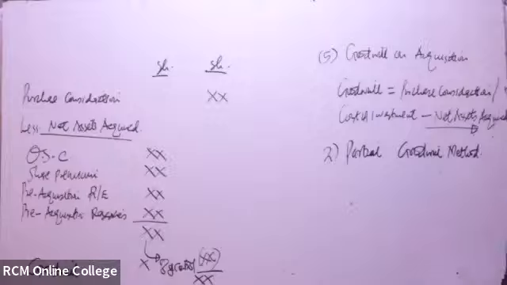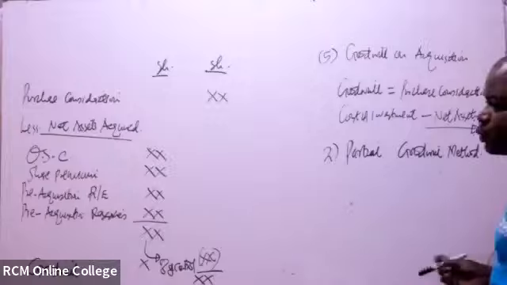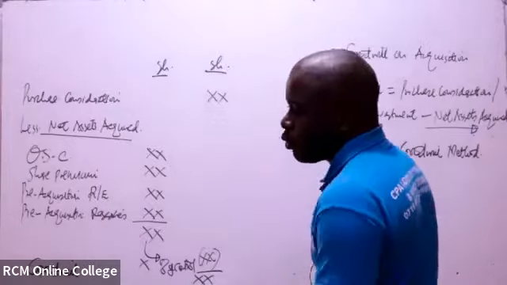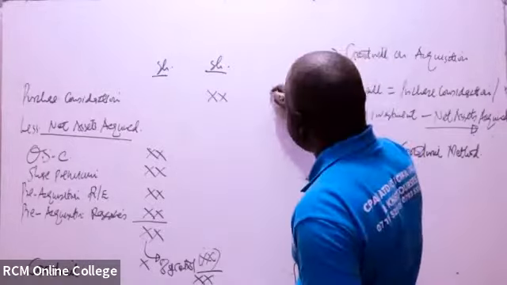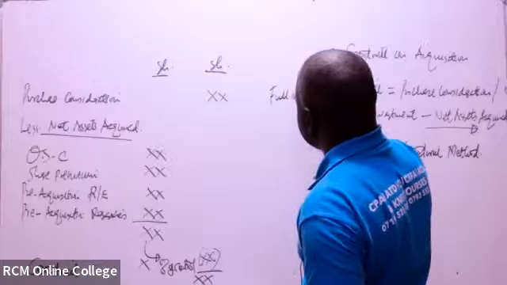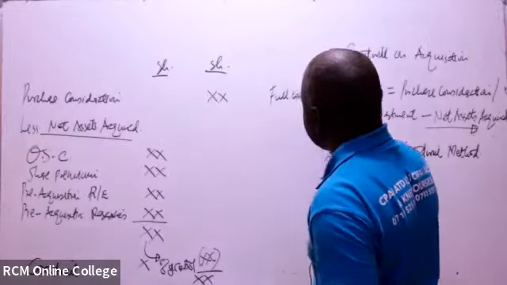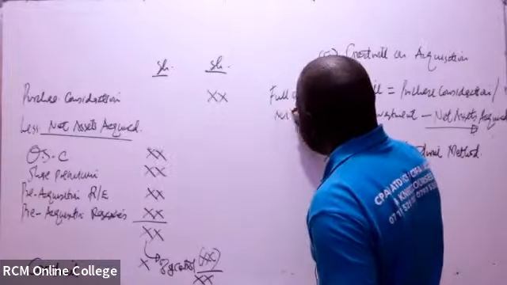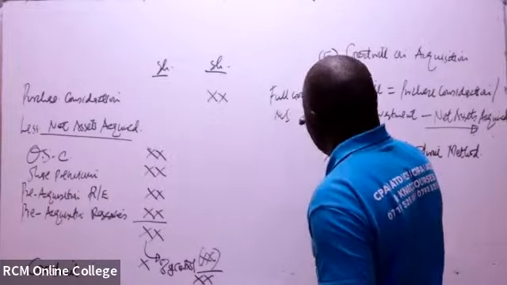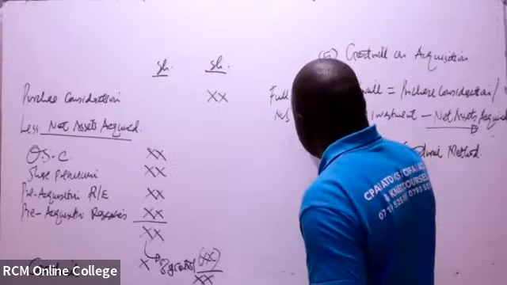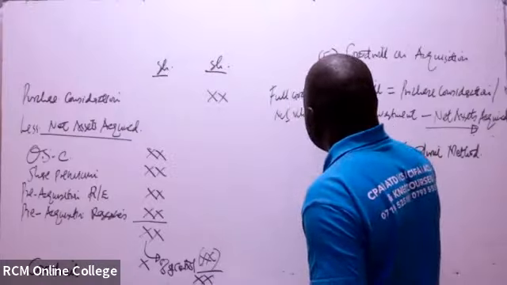If the examiner wants you to use the partial method, then in the additional information, remember for full goodwill, I've told you, you'll see the examiner say NCI was measured at a fair value.